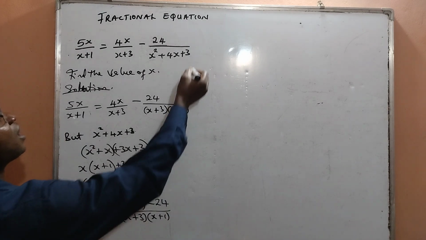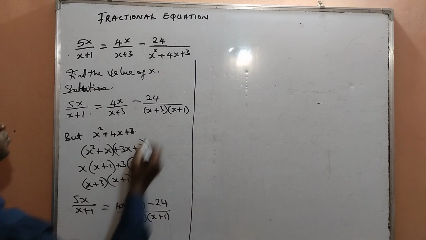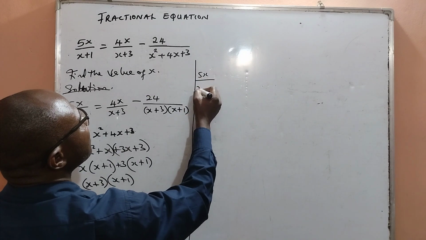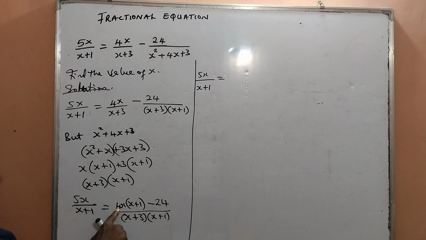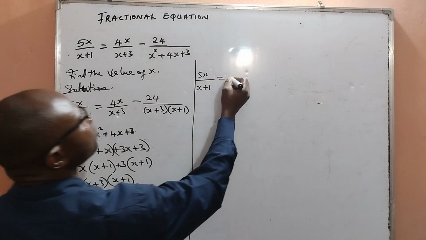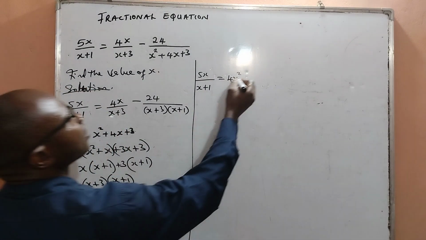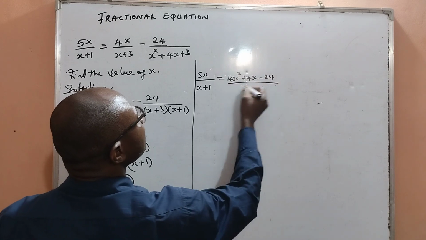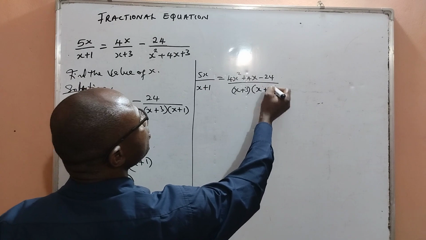Very good. Alright, if we continue moving forward, I will have 5x divided by x plus 1 equal to, I will now simplify the numerator here. 4x times x will give me 4x squared, and 4x times 1 will give me 4x, then minus 24 all over x plus 3 into x plus 1.